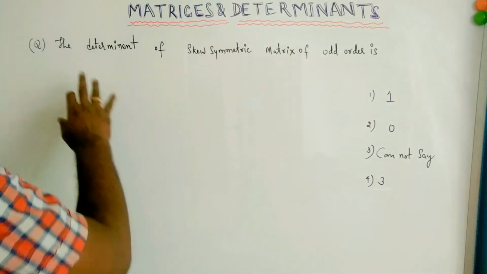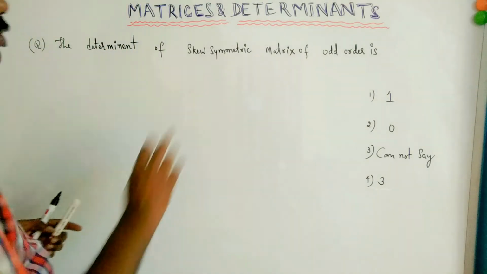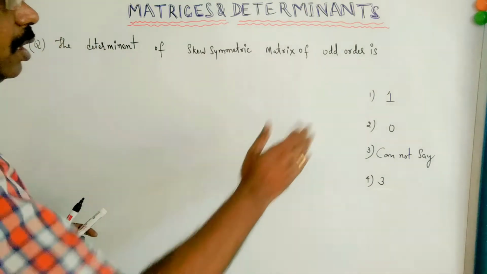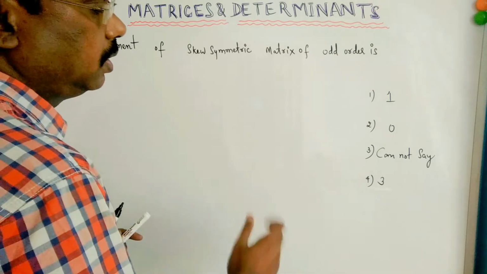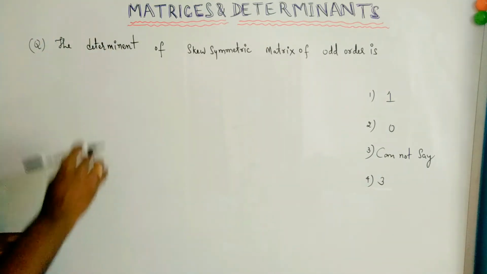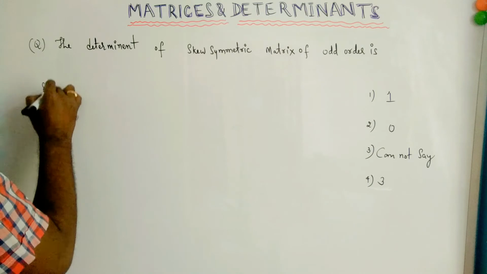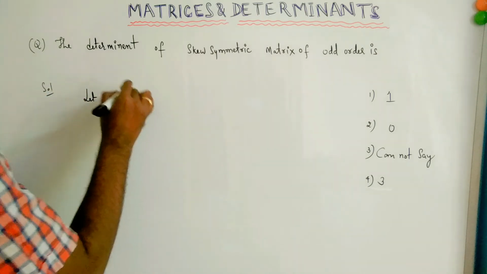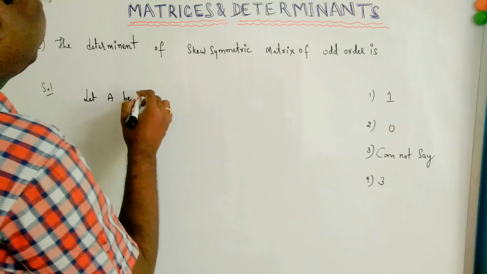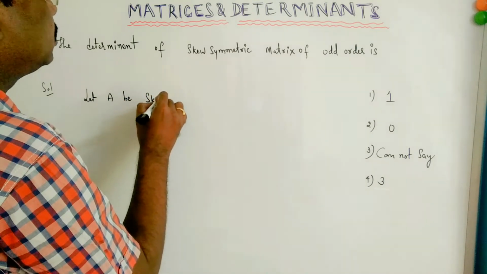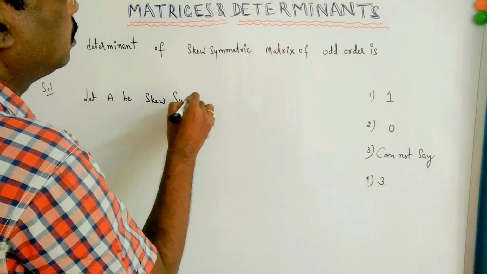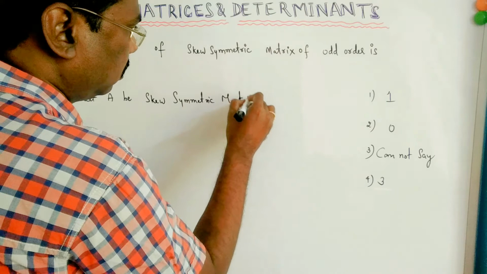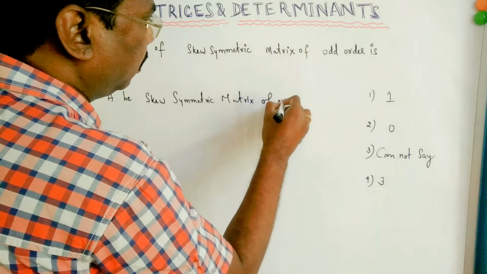Next one: the determinant of a skew symmetric matrix of odd order. The options are 1, 0, or cannot say. Now let A be a skew symmetric matrix of order n.